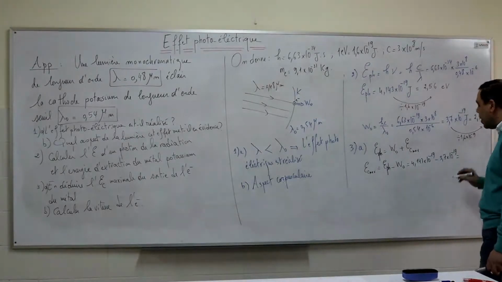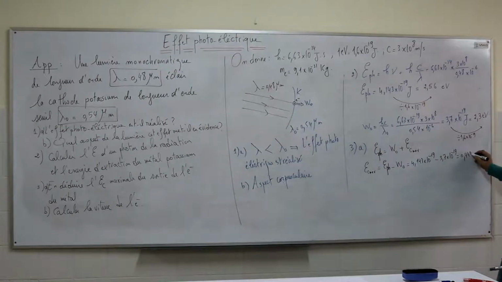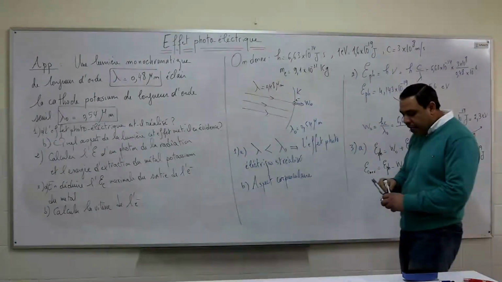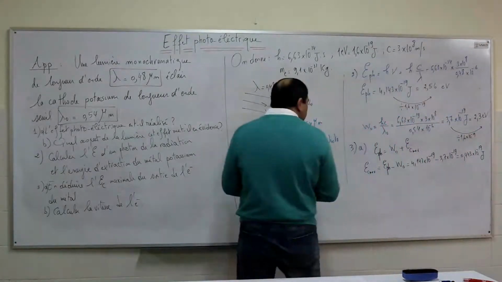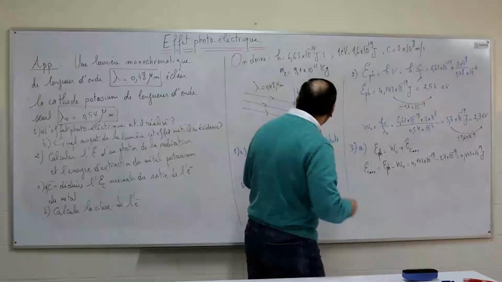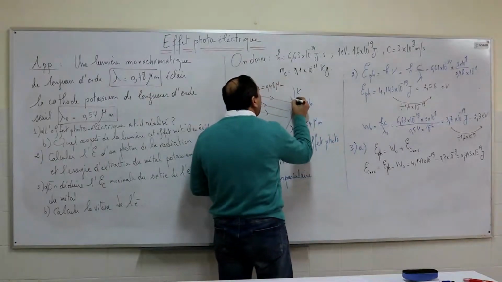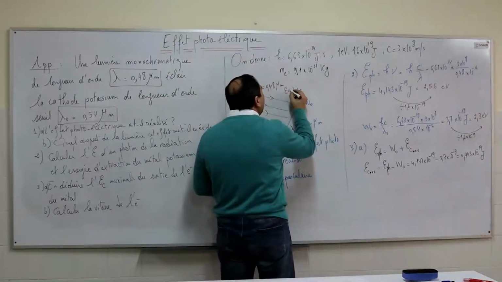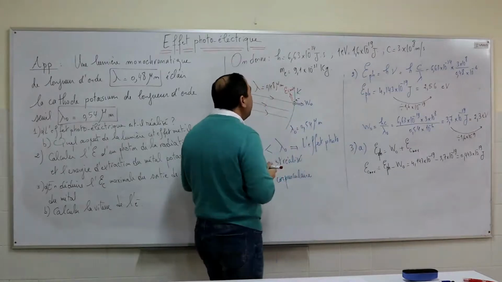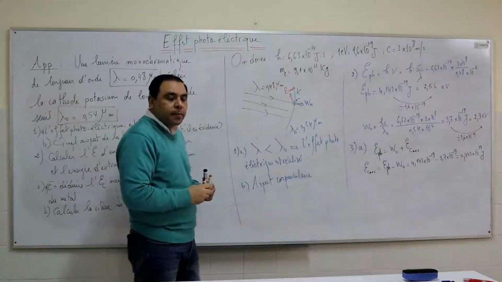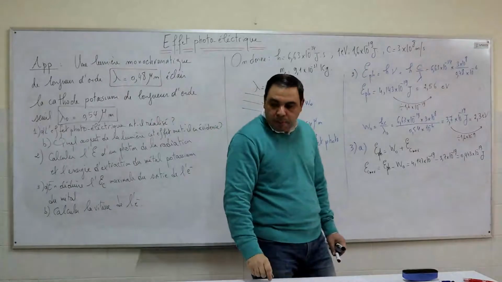The result is 0.443 times 10 exponent minus 19 joules. This is the kinetic energy that the electron leaves the metal with. The electron leaves the metal with a maximum kinetic energy equal to the value that we just found.